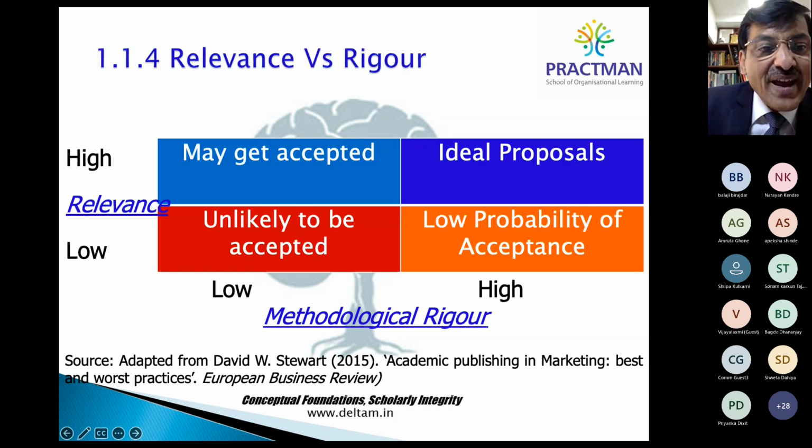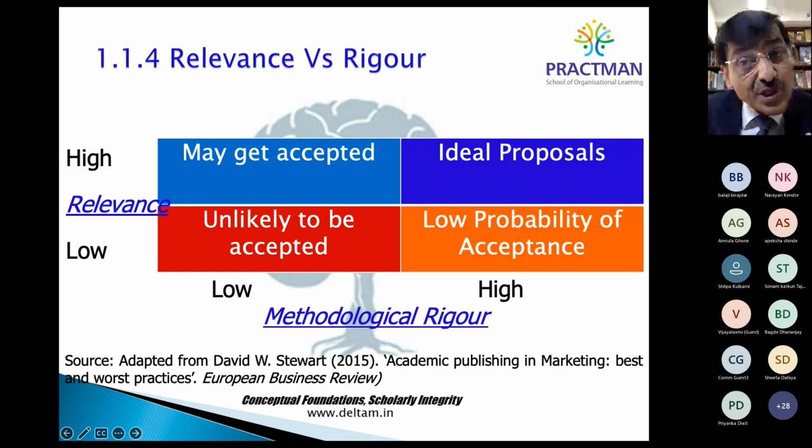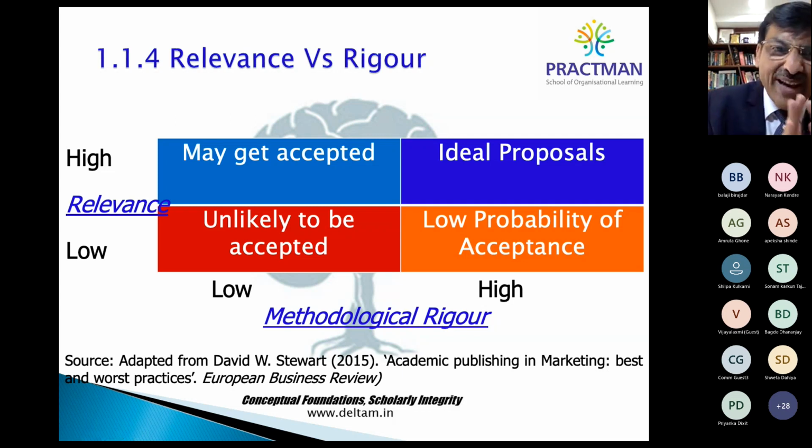Sometimes you may have research problems which are very relevant, very interesting, but the methodology is not very good, but not bad also, acceptable at least. Those are the problems which fall into this category, which I have labeled as may get accepted.